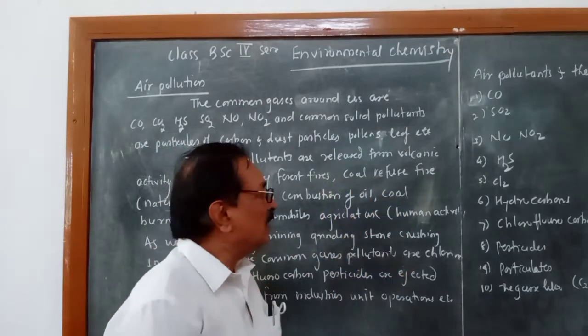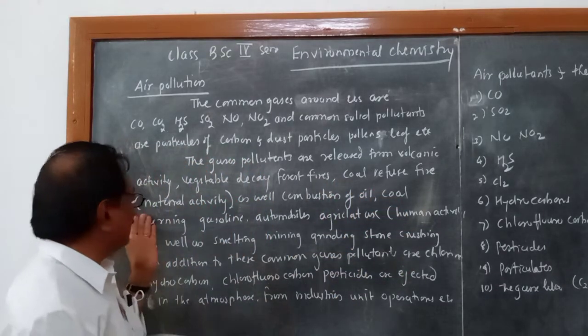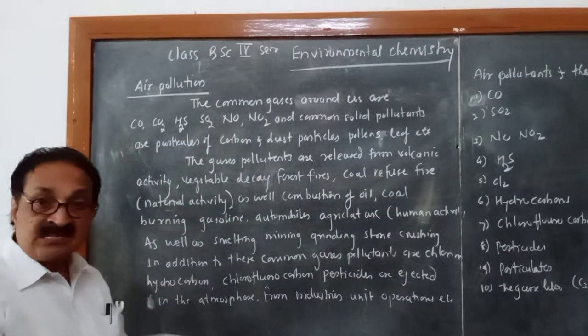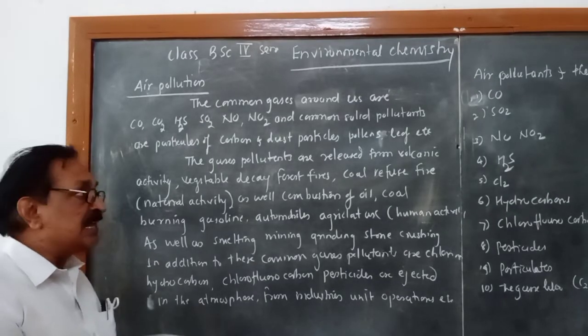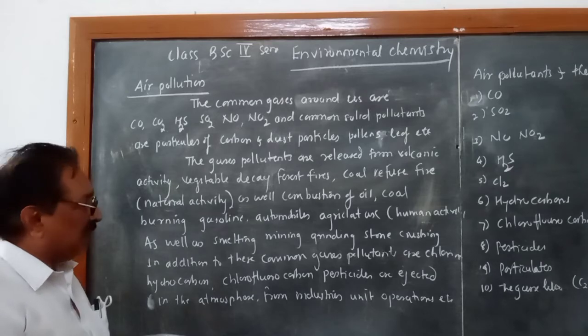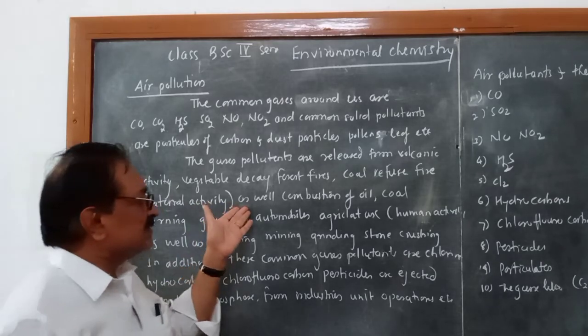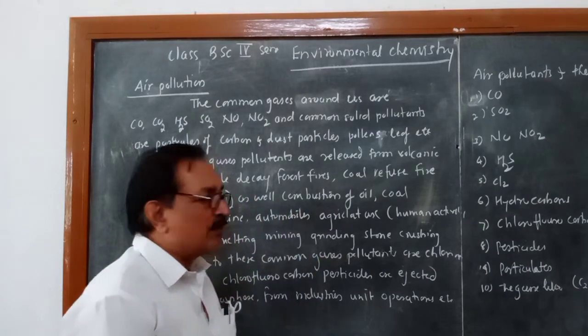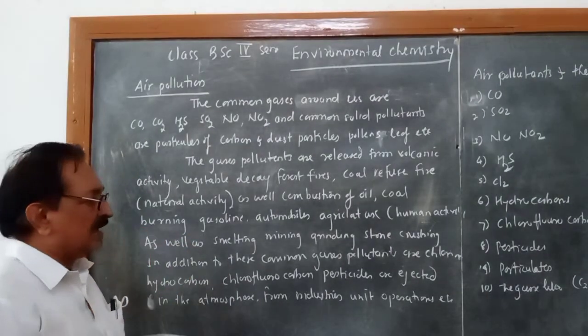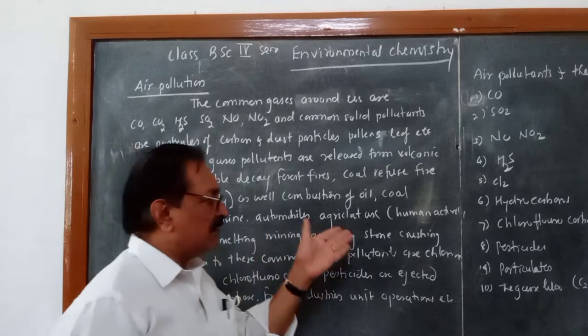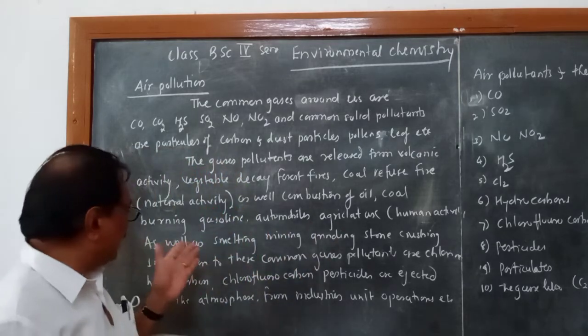Then coal refuse fire, all these are the natural activities going on in the atmosphere that lead the air to be polluted. Not only this, there is incomplete combustion of oil, coal, burning gasoline, automobile, agriculture activities.